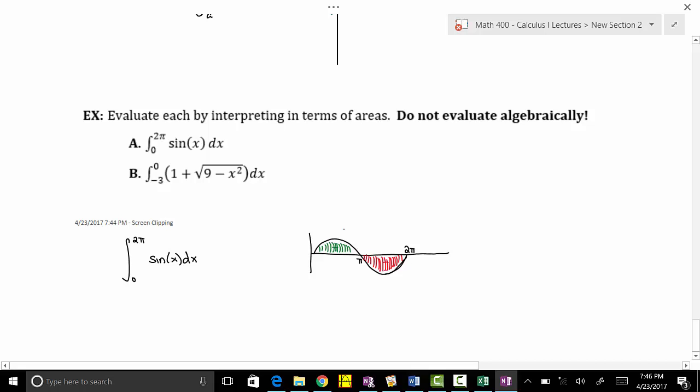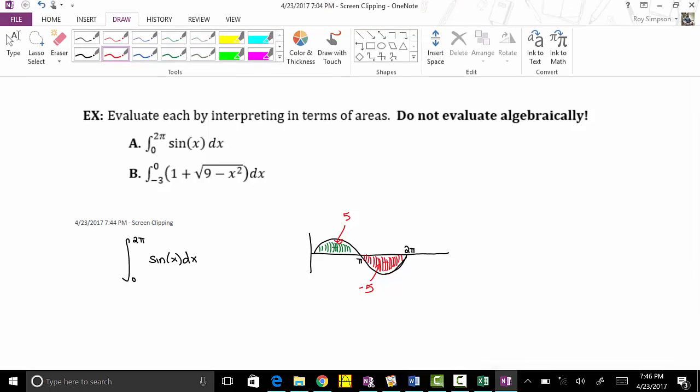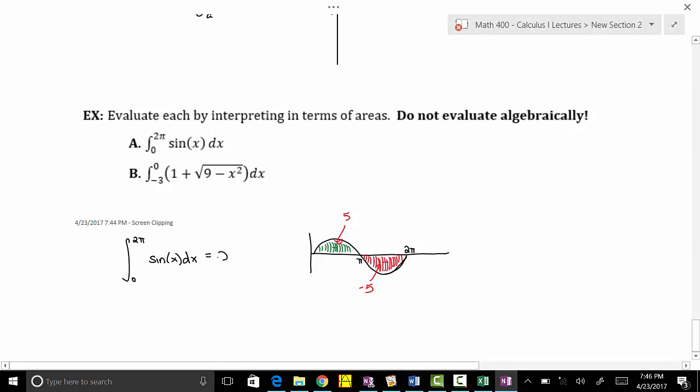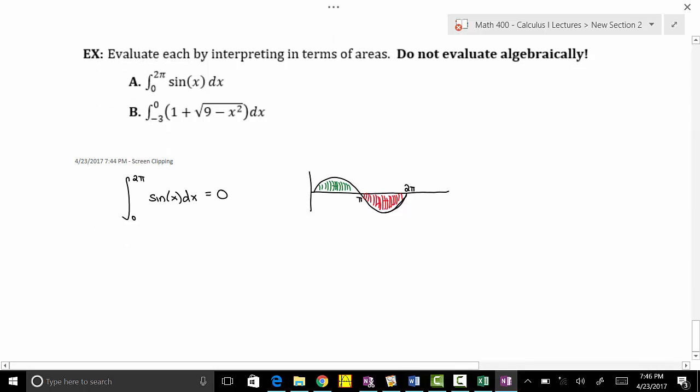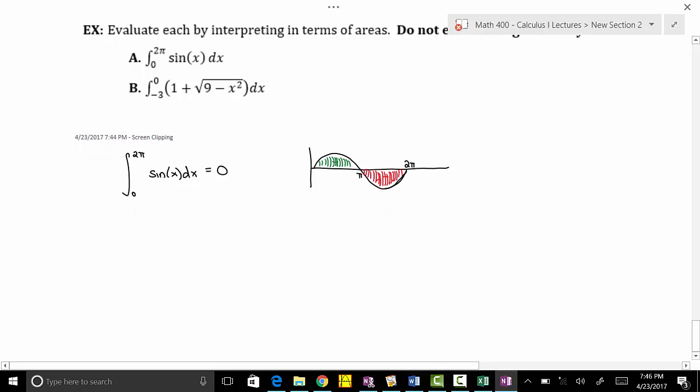So if this was an area of, let's say, 5, then that's an area of -5. And so you have 5 plus -5, or in other words, you have 0 in the end. By the way, that area is not 5. I'm just writing that as an example. So that is a great way to use a graph to help you figure out the value of a definite integral.